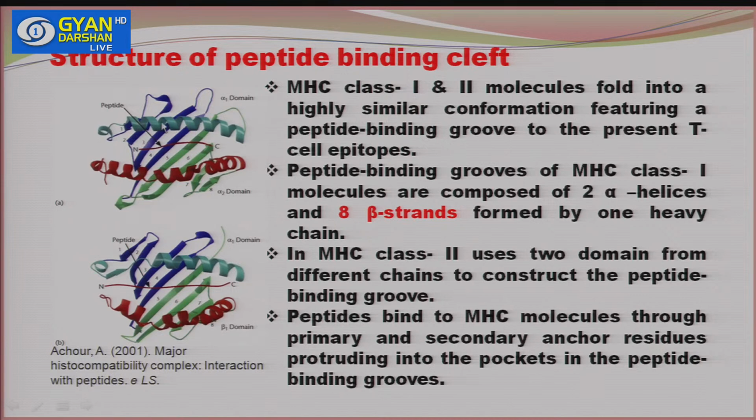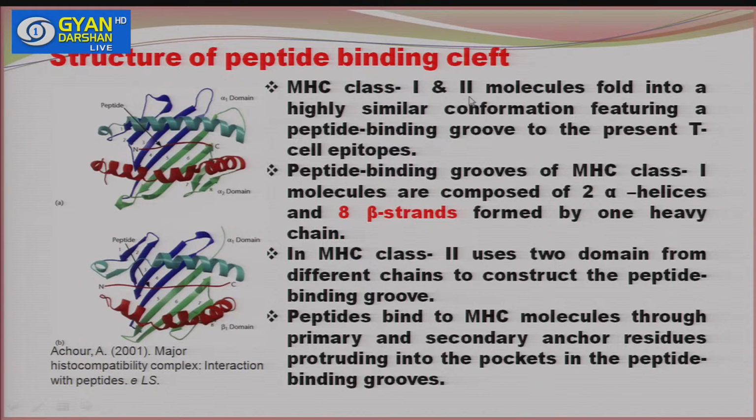Here there are 8 beta sheets present and 2 alpha helices present in the MHC class first. You can see the structure. Here are the peptide binding clefts, which are available as a part of the MHC.